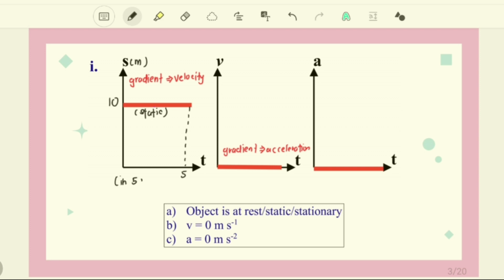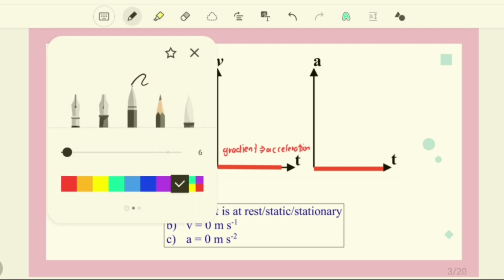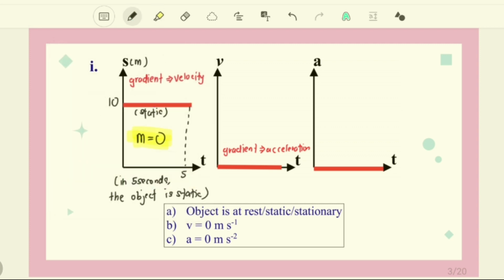So in 5 seconds, the object is static. When we try to calculate the gradient, there is no gradient here, so the gradient is 0. Since the gradient is equal to 0, it means that in those 5 seconds, selama 5 saat tadi, what happened to the velocity?